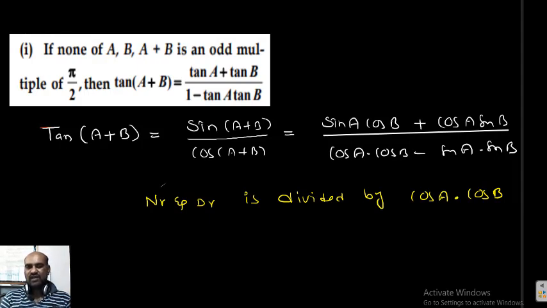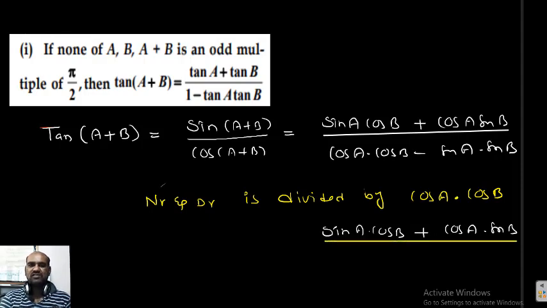So, what happened to that, I will write here. Sin a into cos b plus cos a into sin b, okay, this should be divided by cos a cos b. This is the numerator.